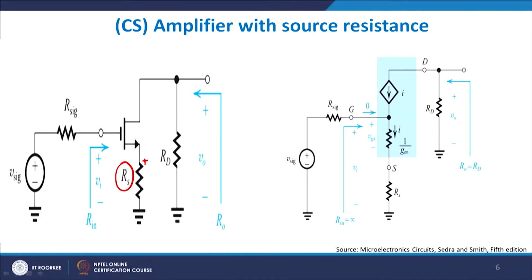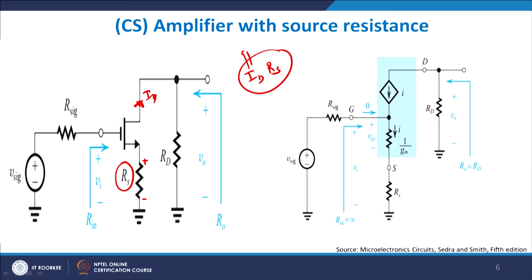I had already discussed with you why this is important in terms of application. It is important because as you make your source degeneration resistance Rs large, you end up having a larger and larger voltage drop across it. Let us suppose current ID is flowing. ID multiplied by Rs is the voltage drop across Rs.